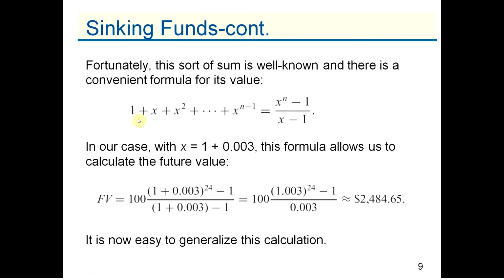This ends up converting over to this well-known formula, and in this case x would be equal to 1 plus 0.003. Alright, so that means this x would be replaced by this, and this x would be replaced by this as well, all the way through. In our case, we end up with $2,484.65.